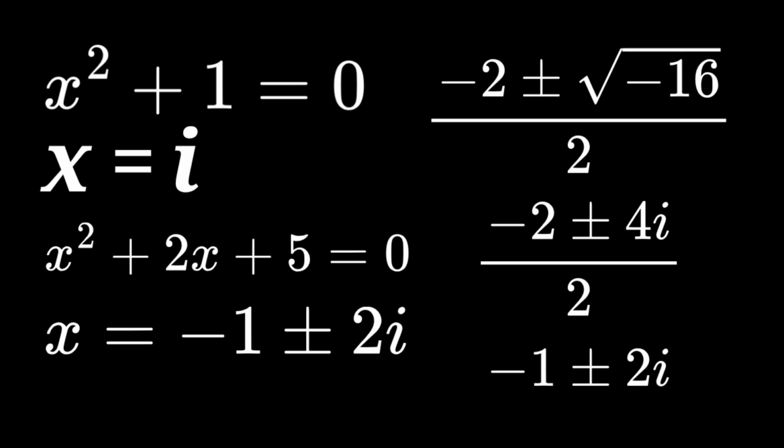We substitute back into the original equation and we get x equals minus 2 plus minus 4i, all by 2. Now, if we divide both terms in the numerator by 2, we get x equals minus 1 plus minus 2i. So, the complex solutions to this equation are minus 1 plus 2i, and the other root is minus 1 minus 2i.